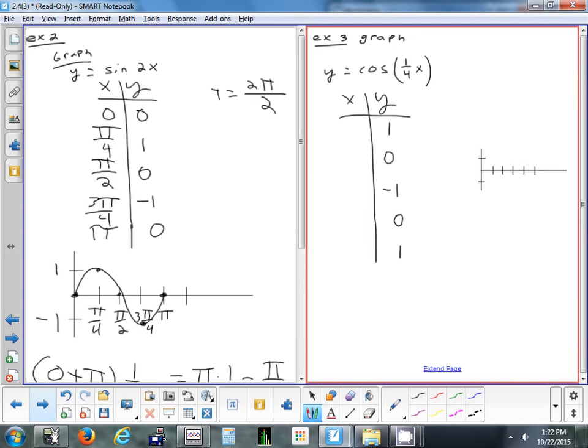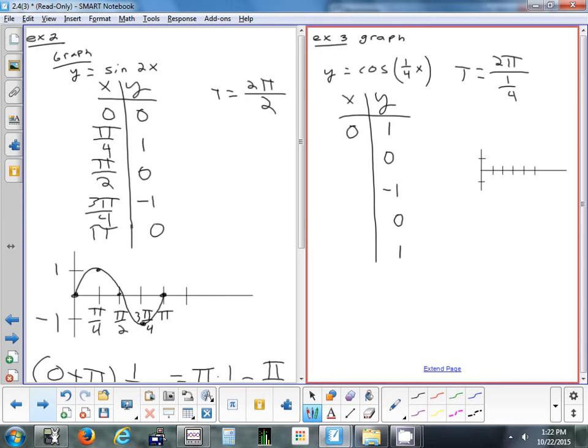Okay, Kobe, for a period change, we always start at what? For x, we always start at 0. Now, look at the number in front of x. Okay, 1/4. So to find our new period, it's 2 pi divided by 1/4. Did we already do that? Yeah.